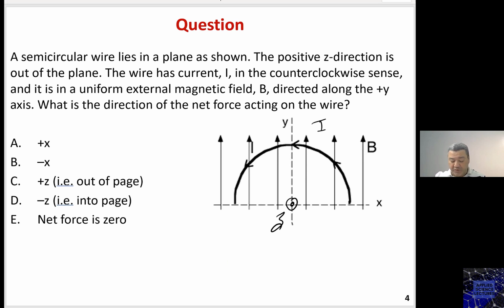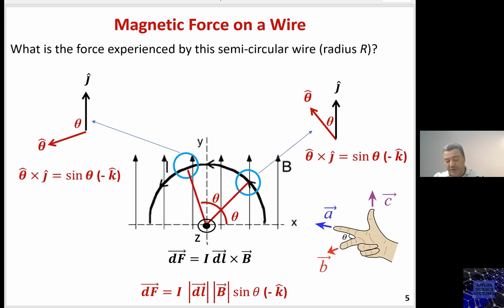So the first thing we need to do again is look at how the force is behaving here. Here we have our variable, dl. This dl is made of the following.